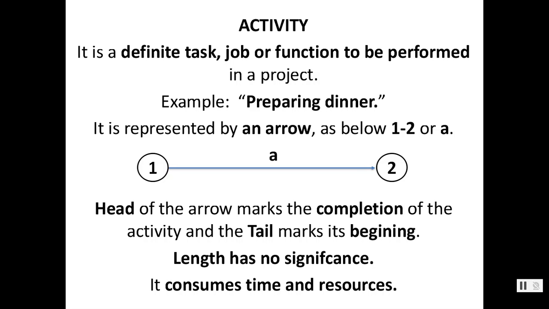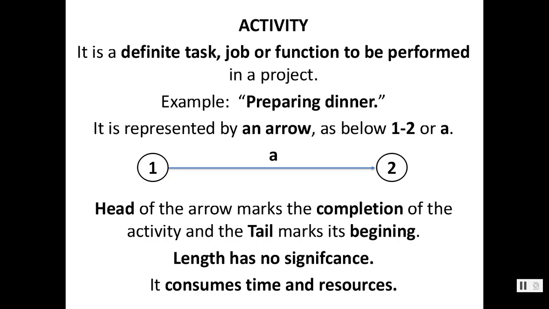It is a progressive thing, it is going on. Example, preparing dinner. When a person is assigned to prepare dinner, he or she collects materials, then starts cooking. At some time, he or she achieves it, and after that, the dinner is prepared.